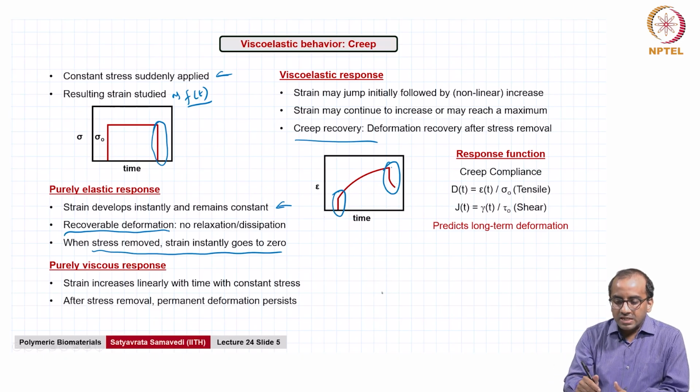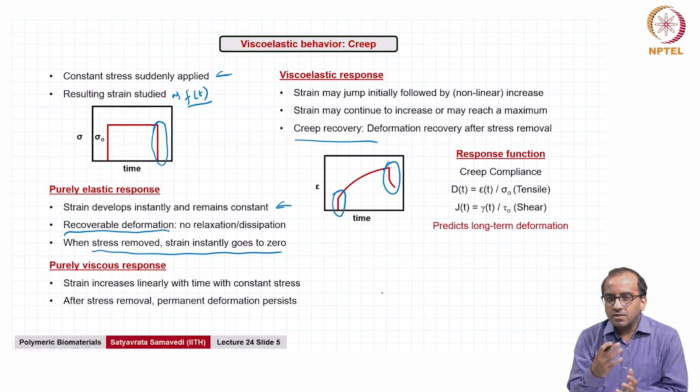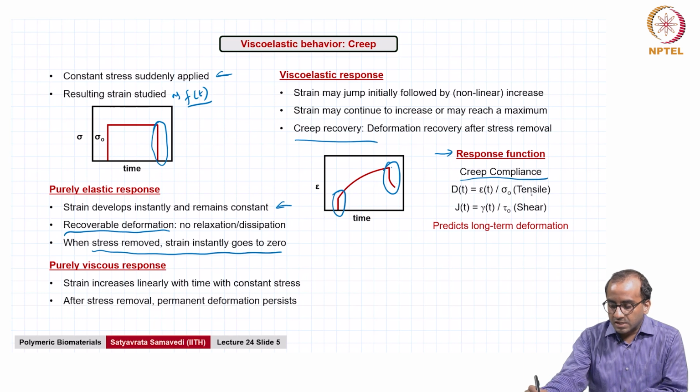And because properties change with time here, it does not make sense to talk about time-invariant properties such as modulus of elasticity or viscosity. What we would rather look at here is a response function called creep compliance, which, if it is a tensile load, is given as D of t, and with shear load it is given as J of t. Essentially this is the inverse of modulus.